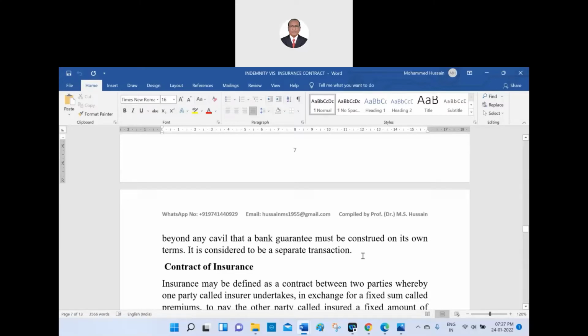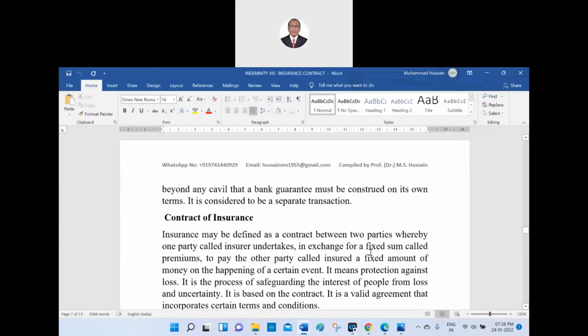It is considered to be a separate transaction. So whenever commercial transactions are there, if the words are ambiguous, then the circumstantial evidence will be taken into consideration to give the right meaning in the context. That is what the case law says.